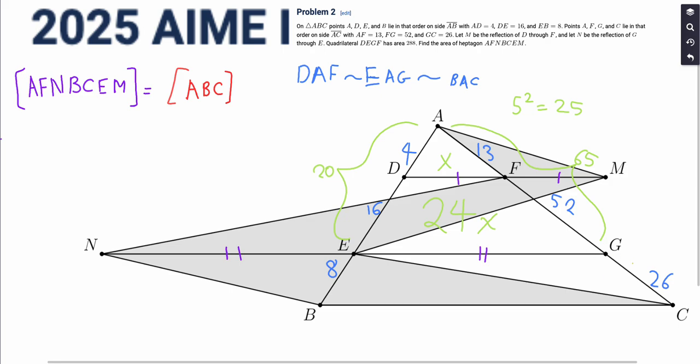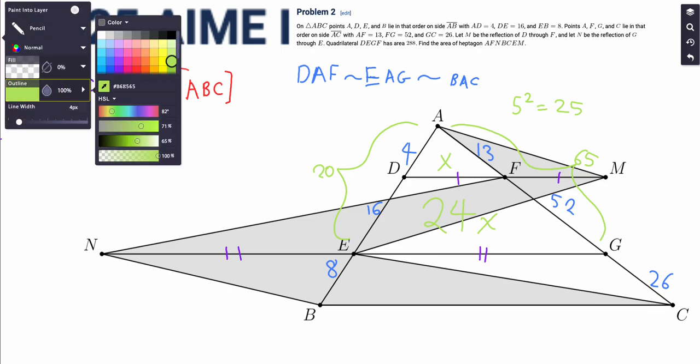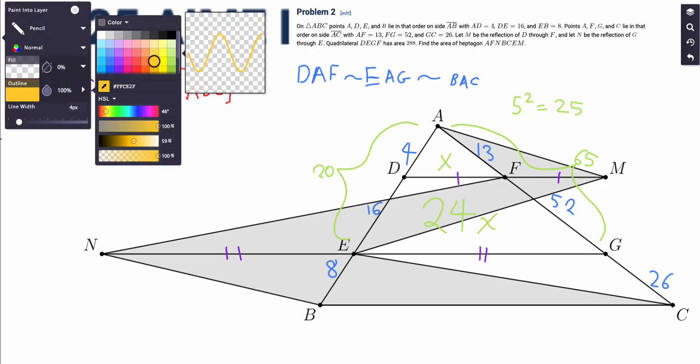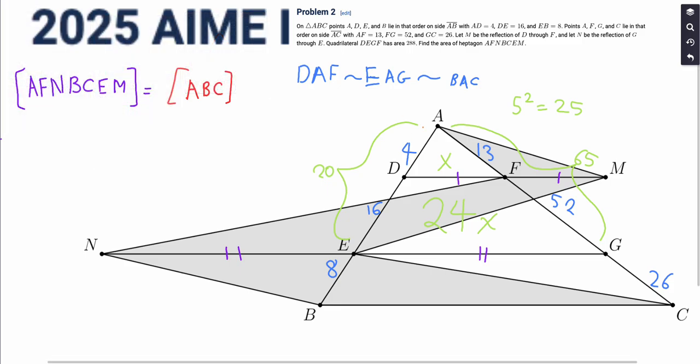And we can do the same thing for the last one over here. What we can do is look at how the ratios are scaled from the smallest triangle, ADF, to ABC. If we take the sum of all these side lengths, 4 plus 16 plus 8 is equal to 28, and 13 plus 52 plus 26 is equal to 91.